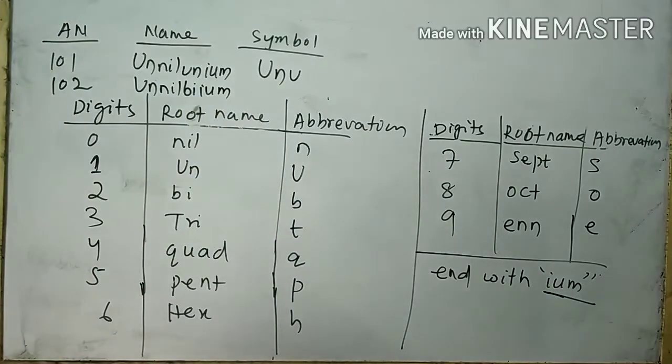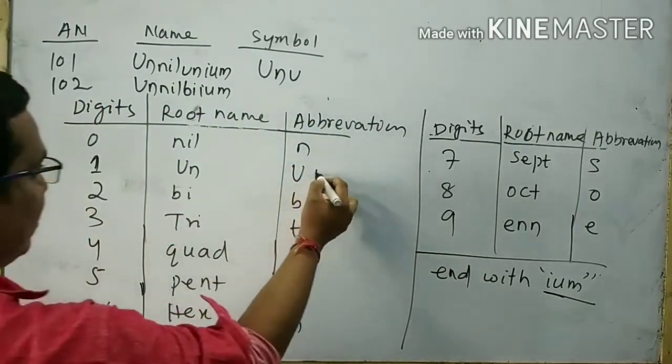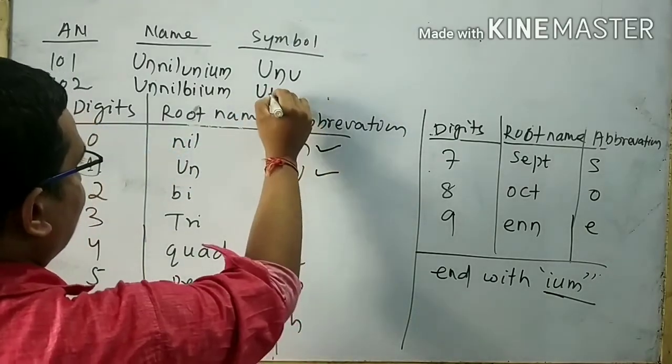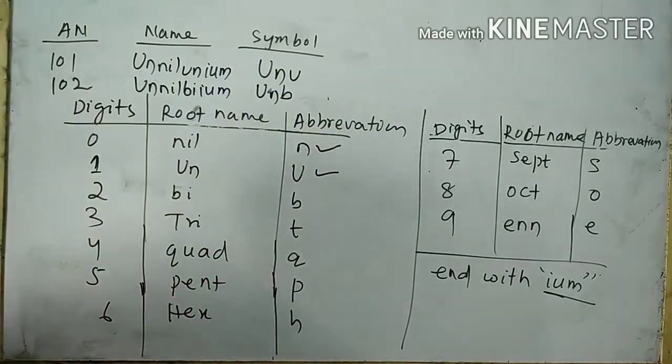That means the name of the element which has atomic number 102 is unnilbium, and its symbol is U for 1, N for 0, B for 2.